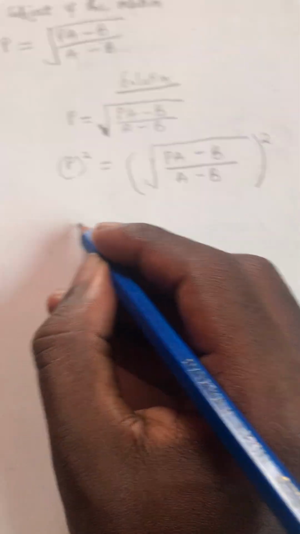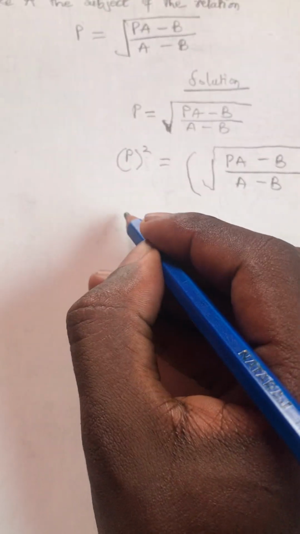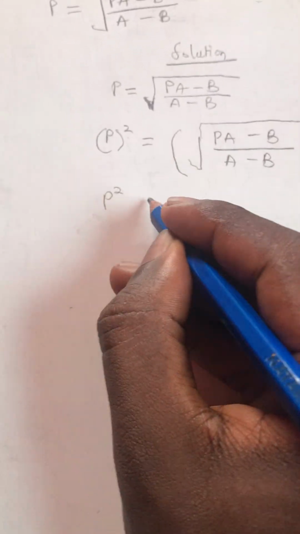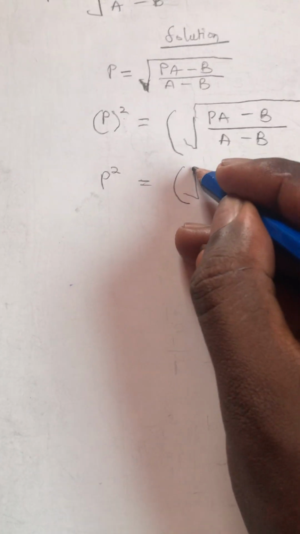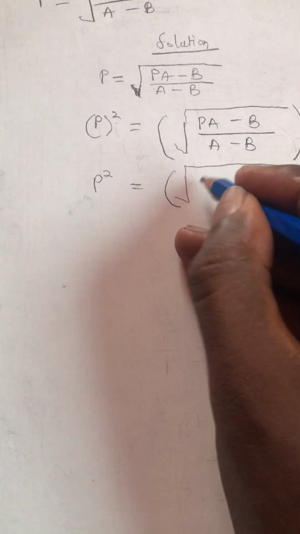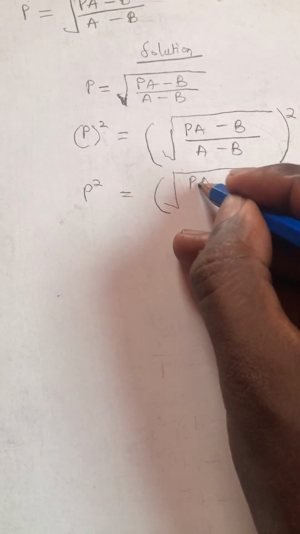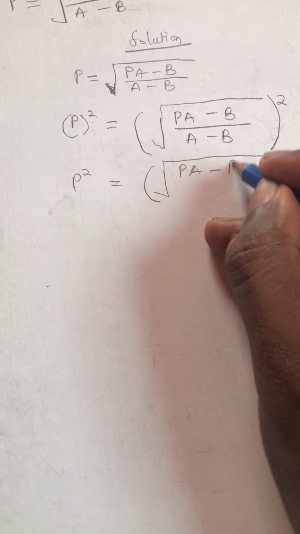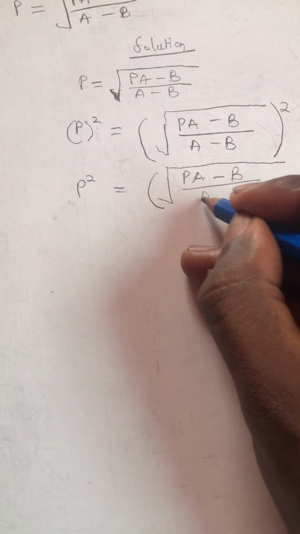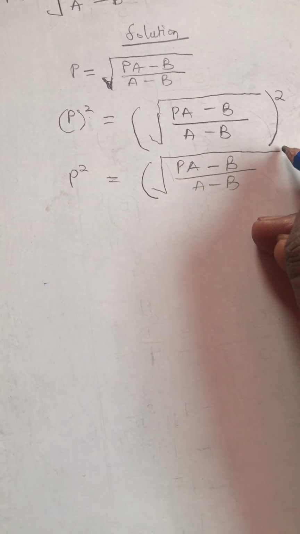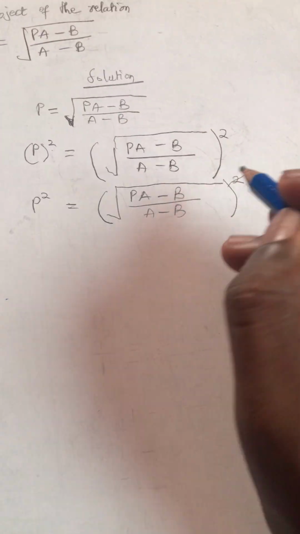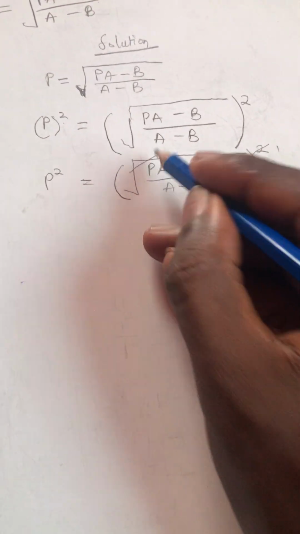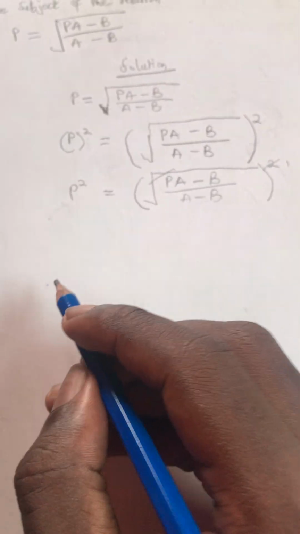So we have P squared equals, in bracket, the square root of PA minus B over A minus B, all squared. So this square will cancel the root square here to eliminate it, right?